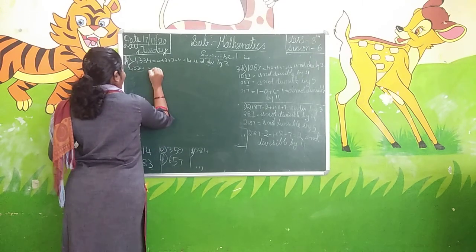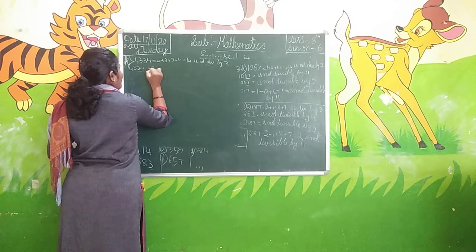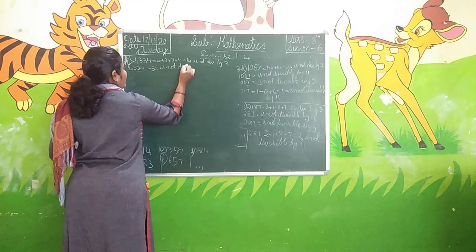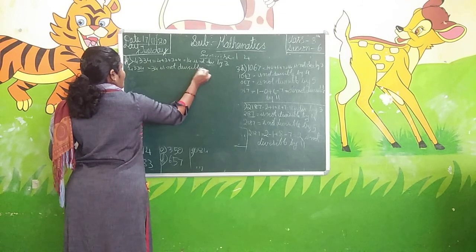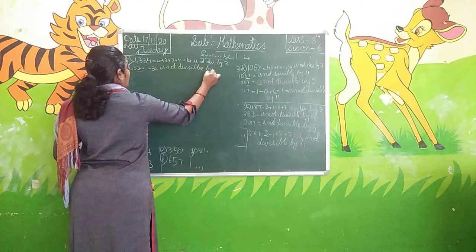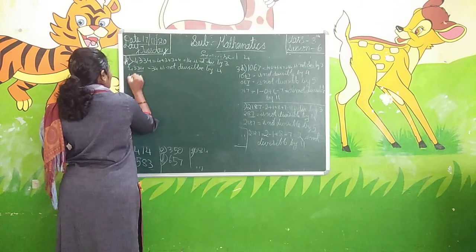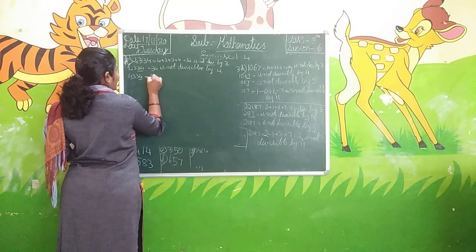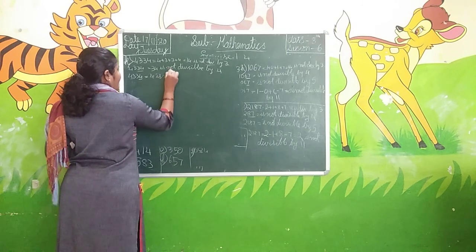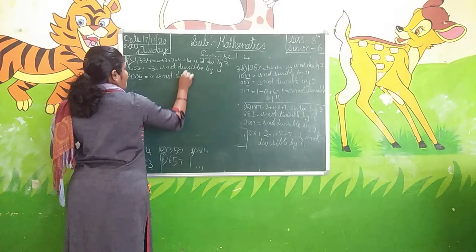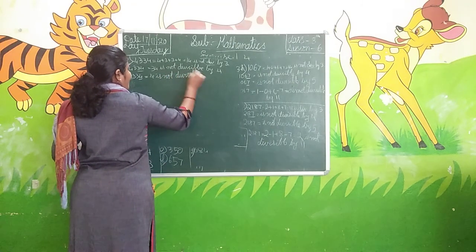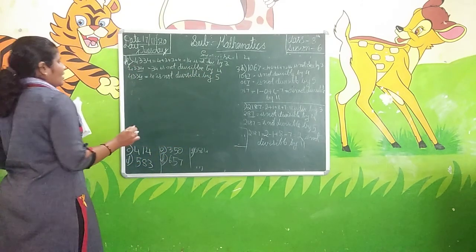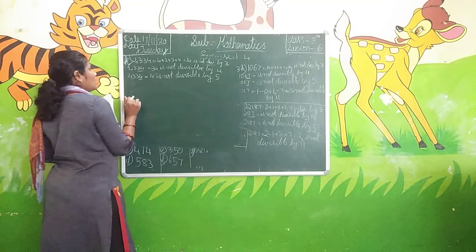So 34 is not divisible by 4. Also not divisible by 5, because for divisibility by 5 the last digit should be 5 or 0.